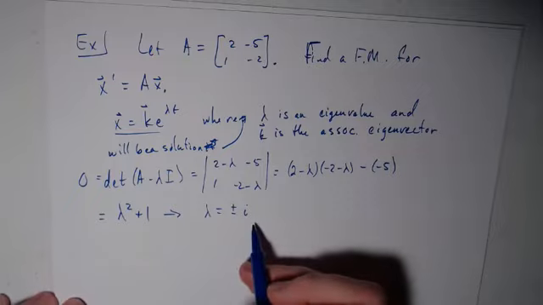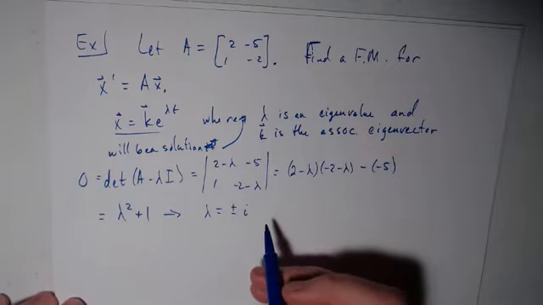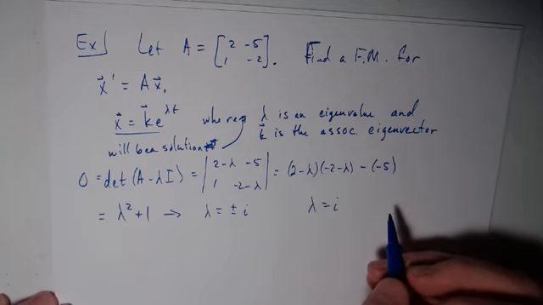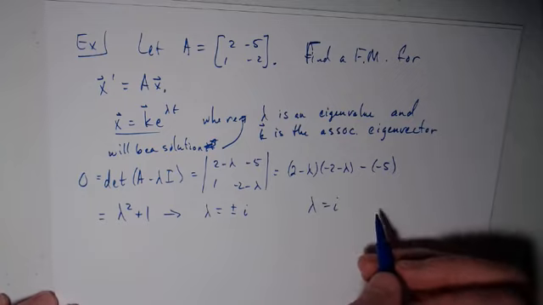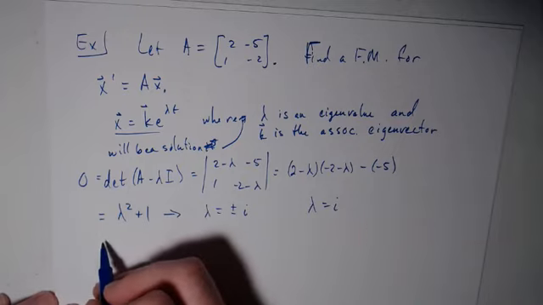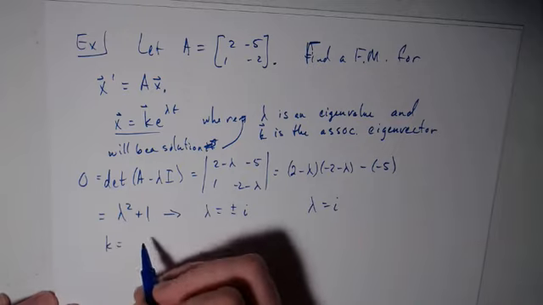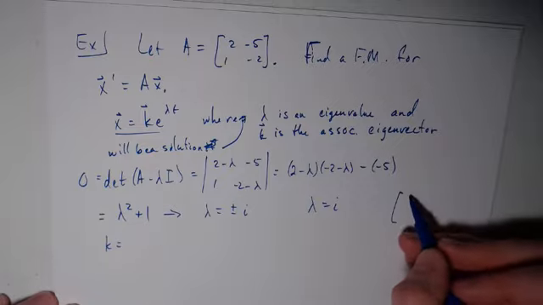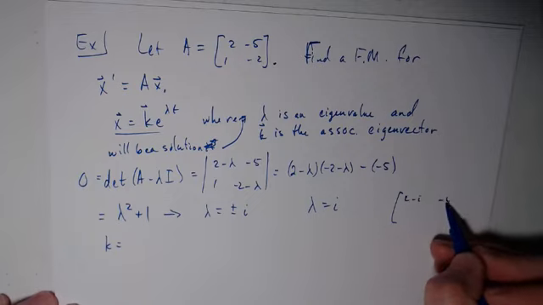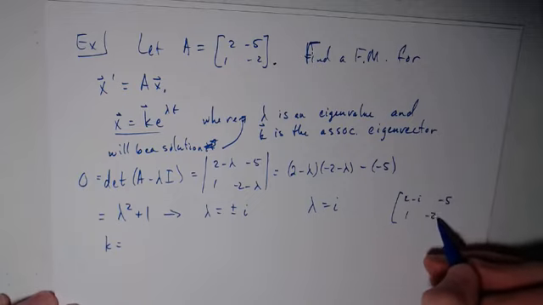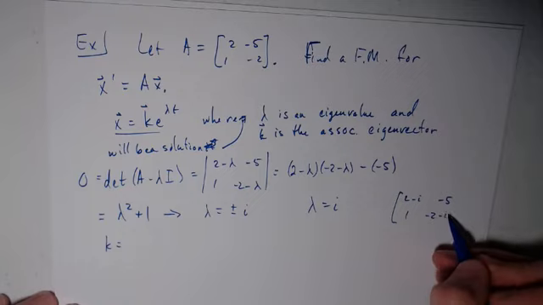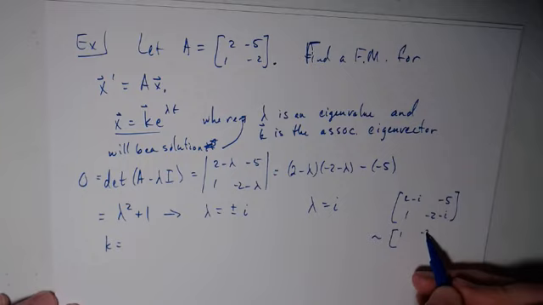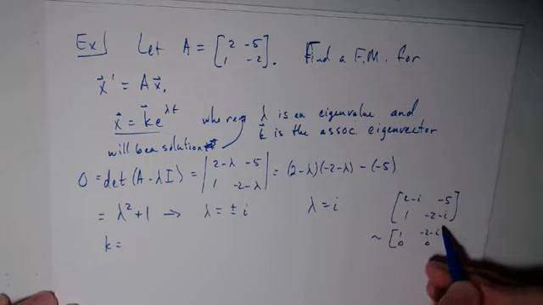So remember, when we have complex eigenvalues, we can just take whichever one we want. So we'll take lambda equals i, in which case from this we'll get a k. We've got to actually do the matrix now, don't we? So plugging that in, we get 2 minus i, negative 5, 1, negative 2 minus i. So that will row reduce to 1, negative 2 minus i, 0, 0.